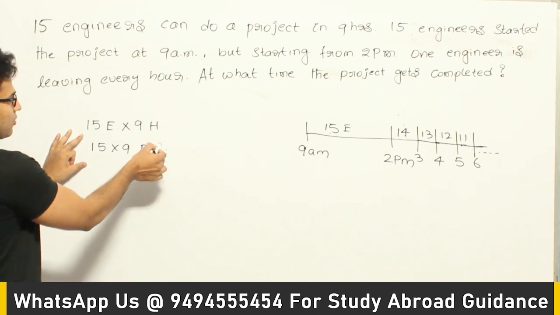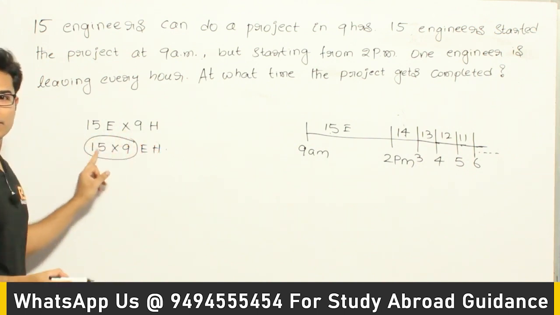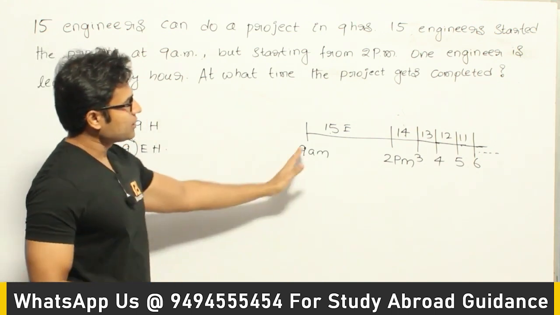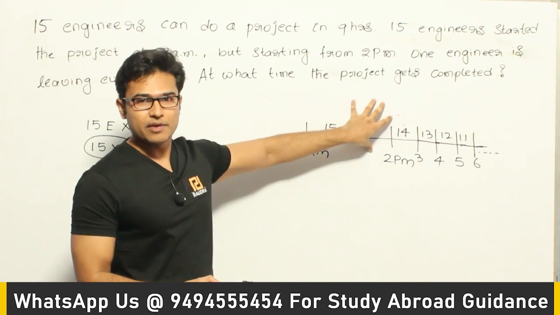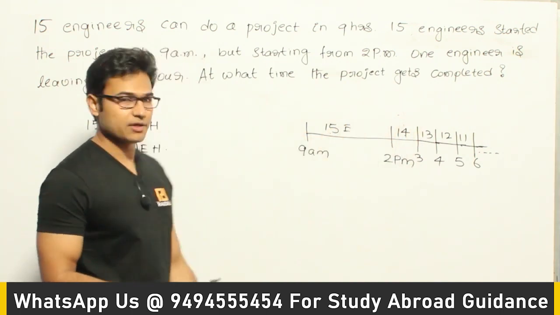Now you have to find out the total effort required. The total effort required is 15 into 9, and then you have to see what is the effort given by the other group, and whenever their efforts are equal, the project gets completed, isn't it?